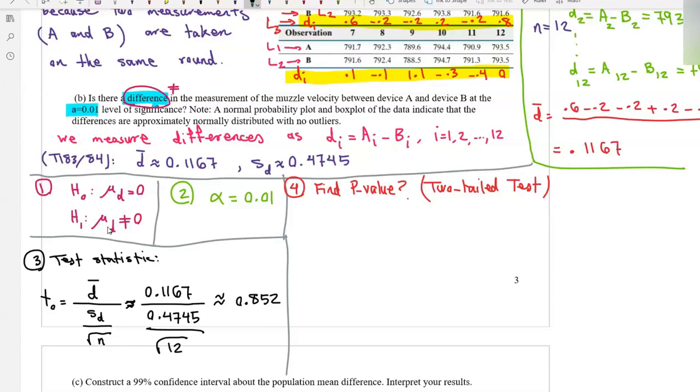Since we have two-tailed, we have to multiply by 2, and work on one of the tails, either right tail or left tail. Okay, let me first draw this.